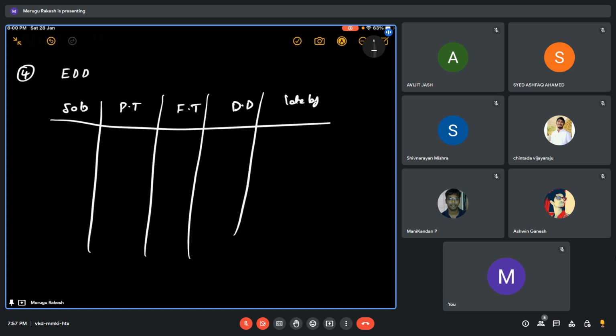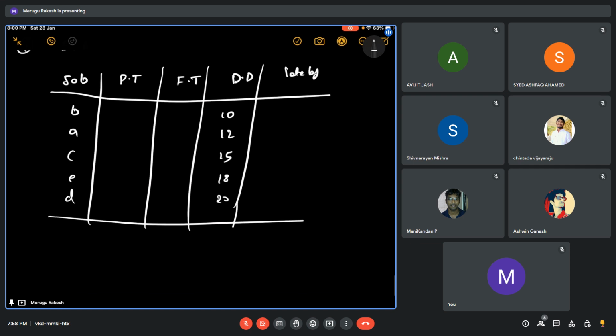So the sequence should come from the due date. We have to see the due date, whichever has the minimum, we take that first, followed by the other jobs. Accordingly, we have to select the sequence. And we do the same as what we have done.